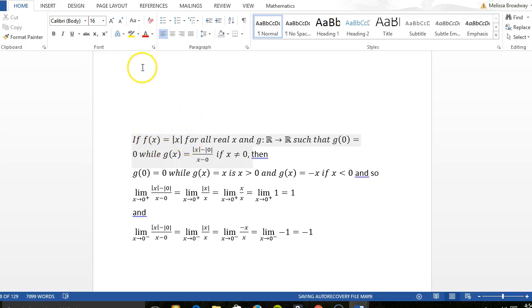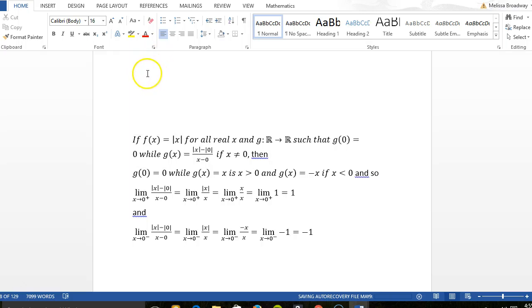What's happening is at the origin, you have what's called a sharp point. Follow my cursor for a second. You do this, then you hit the origin, and then you turn around and go back up here. So you're going down at a 45-degree angle relative to the negative x-axis. Then you hit the origin, and then you kink up, so to speak, and now you're going at a 45-degree angle relative to the positive x-axis.